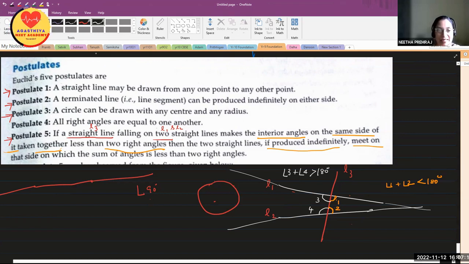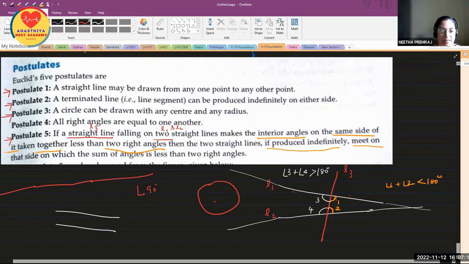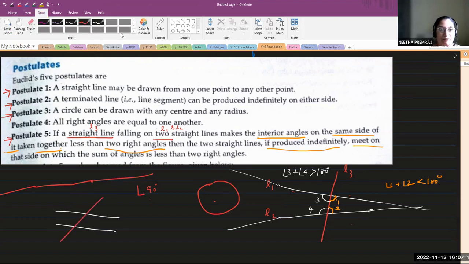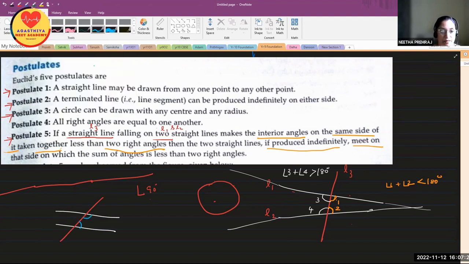Only in that case are the two lines parallel. If this is a line, and you consider the co-interior angles, I name them A and B. If angle A plus angle B is equal to 180 degrees, which implies, I name the lines L1, L2, the lines are parallel. L1 is parallel to L2. So from this itself, you can conclude whether the lines are parallel or not.